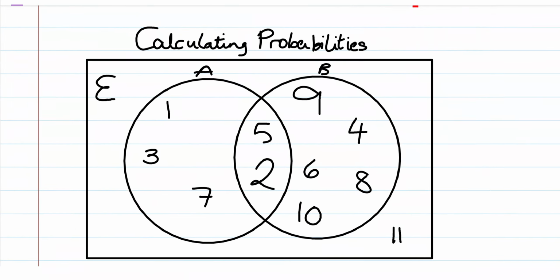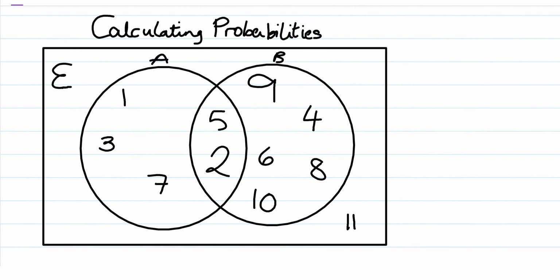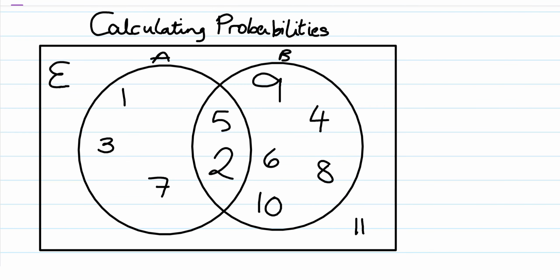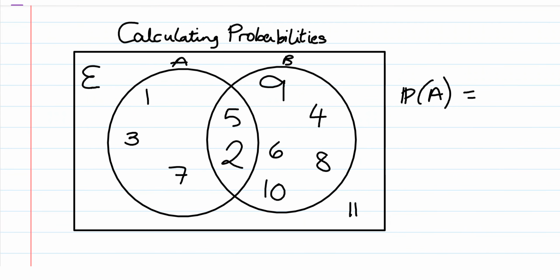Now, let's use this information to calculate some probabilities from a Venn diagram. Let's say in set A, we've got 5 elements. In the intersection, there are only 2, and in total across the whole diagram, we have 11 elements. As 5 are in set A, the probability of event A occurring, as in choosing one of the numbers in the set, is 5 out of a total 11 possible elements.